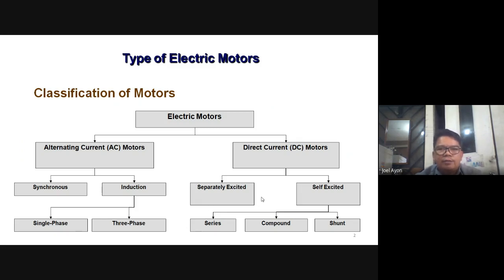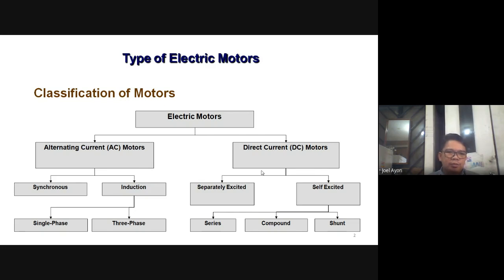I would like to emphasize that there are two main classifications of electric motors. We have the alternating current motors, or AC motors, and the direct current, or DC motors. Basically, the main difference is that the alternating current motors use an alternating current supply, of course, and the direct current motors use a DC supply.